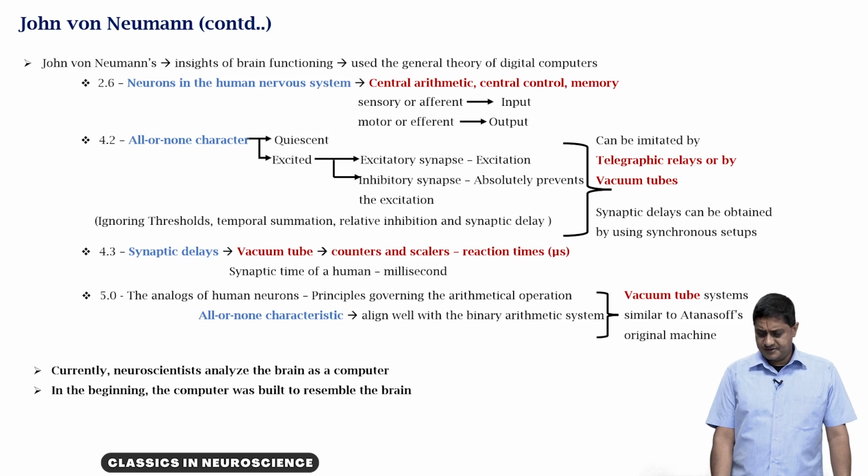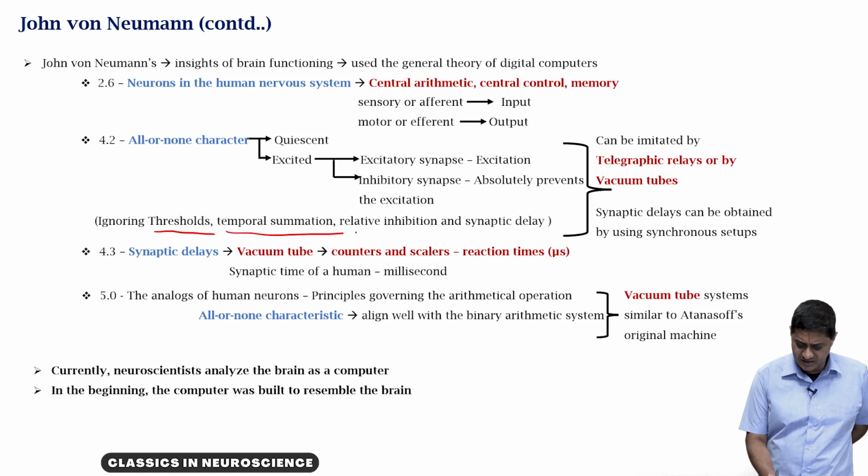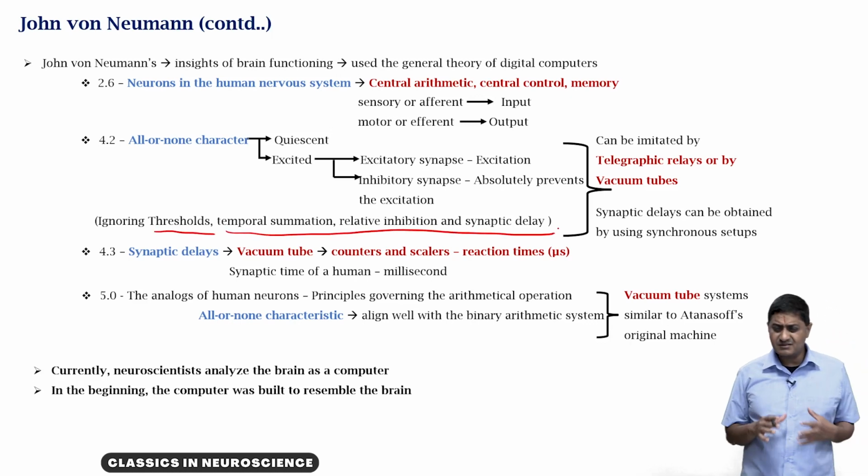or by vacuum tubes. We can also incorporate synaptic delays by using synchronous setups. But of course, more complicated things like thresholds, temporal summation, relative inhibition and synaptic delays were not completely described.